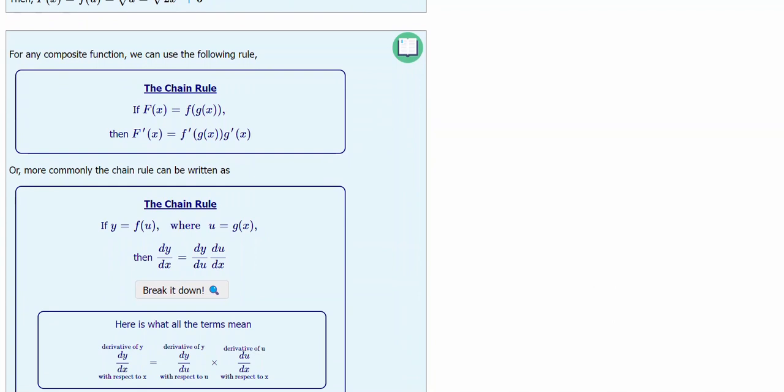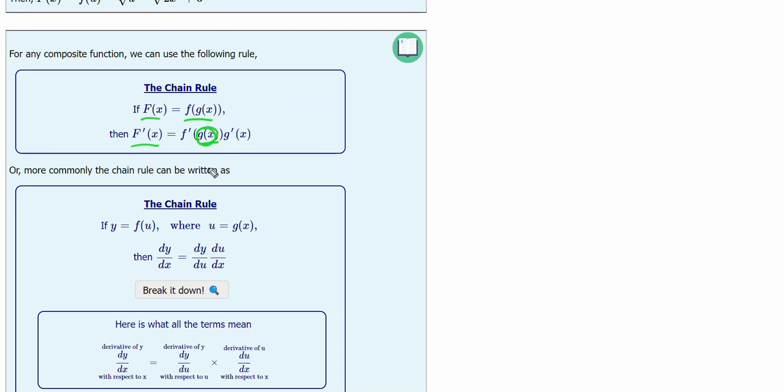So here's our rule. It says for any composite function, we can use the following rule. Let's see if we can make sense of this. If f of x, so some function, can be written as a composite function, like the example above, then the derivative of that function would be f prime of g of x, like the derivative with that 2x squared plus 3 as our input function.